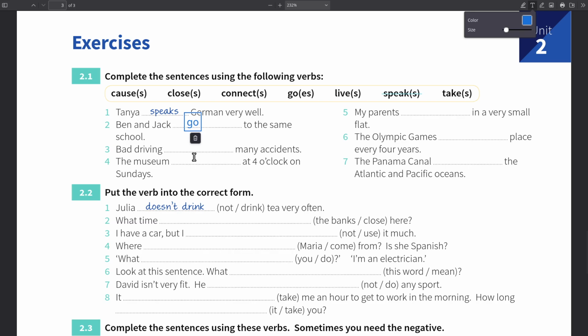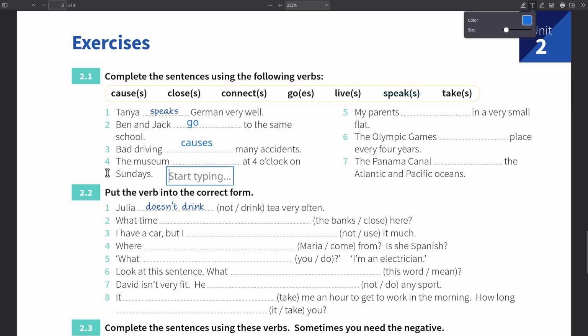And because it's a thing, it has to be a verb that also includes the es or s. In this case, causes. Bad driving causes many accidents, right? Remember, if you're going to drive, don't drink.